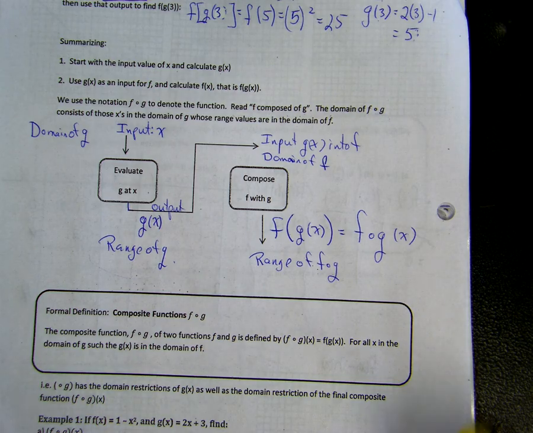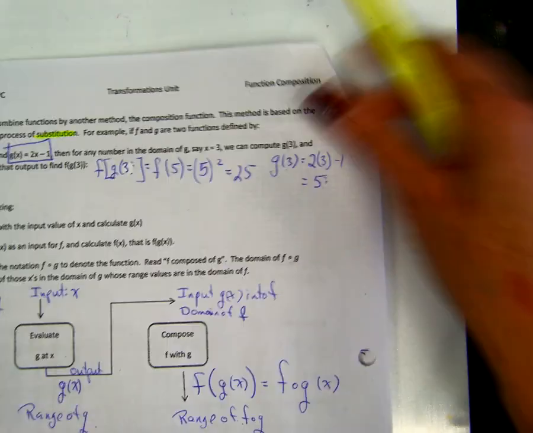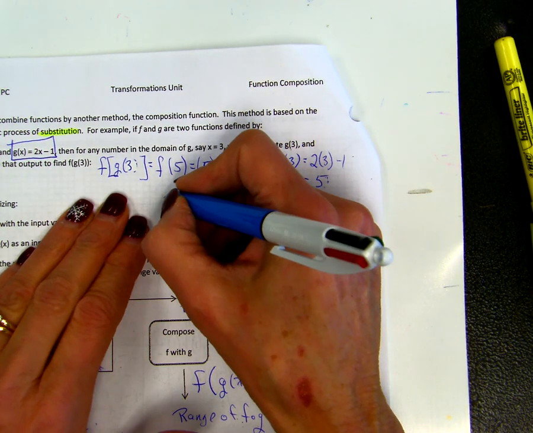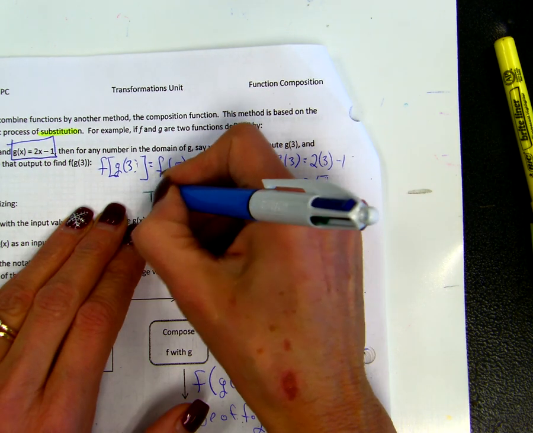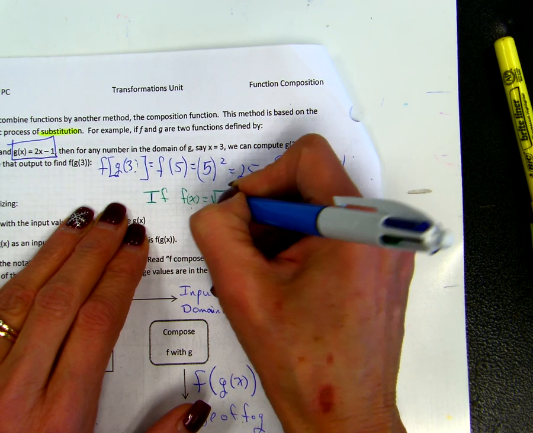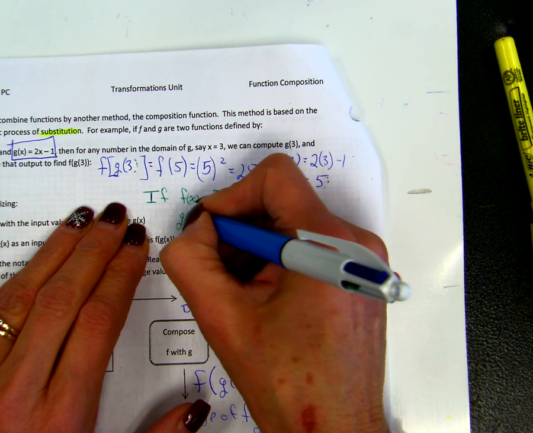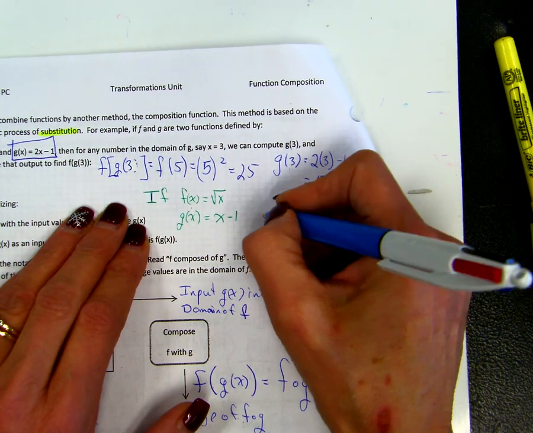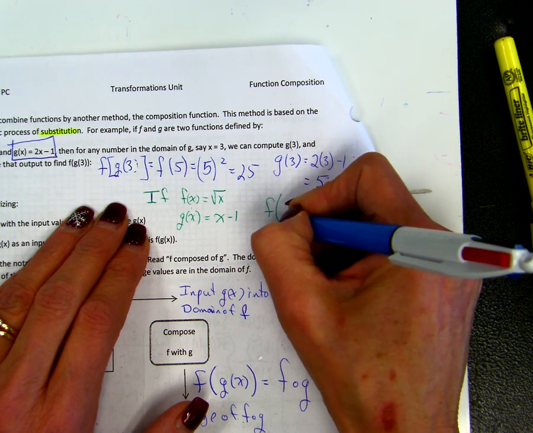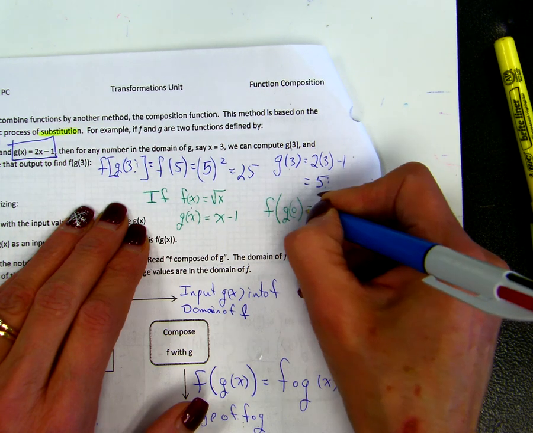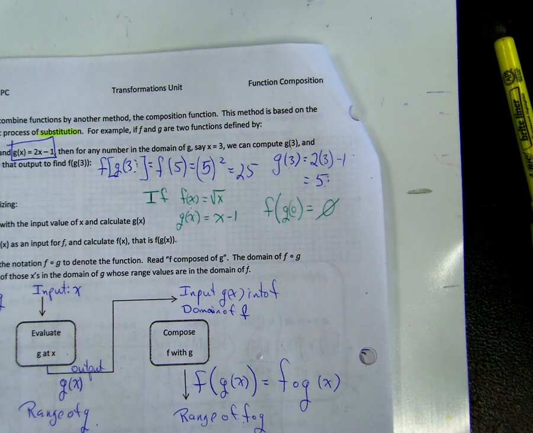Okay? So let's look at an example of how we might have to restrict something. If f at x is the square root of x, and g at x is x minus 1, then f composed of g at 0 is not going to be defined.